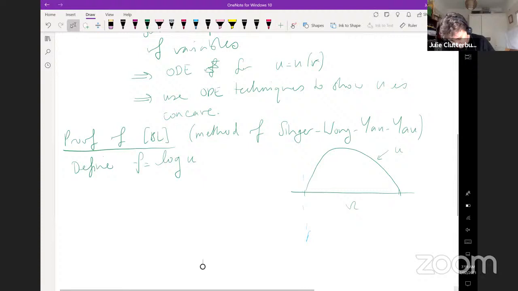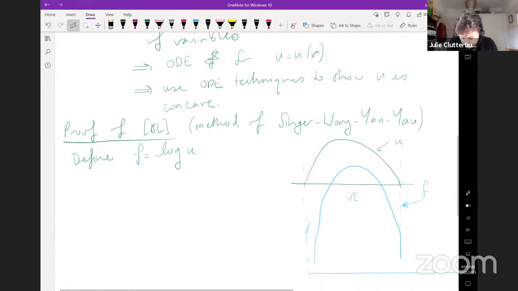So f is going to be unbounded towards the boundaries, and it's going to have unbounded derivative as well. We've already looked at this, but I'll write it down again.